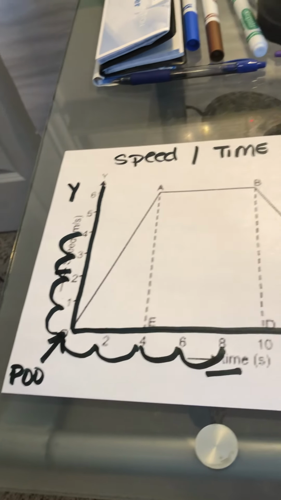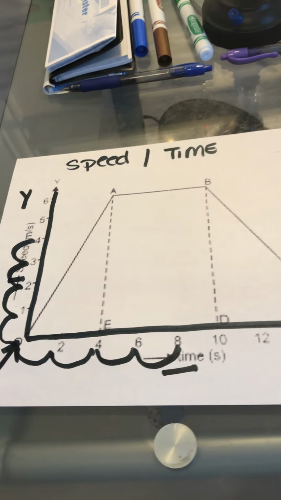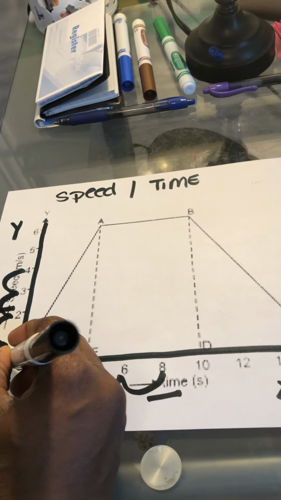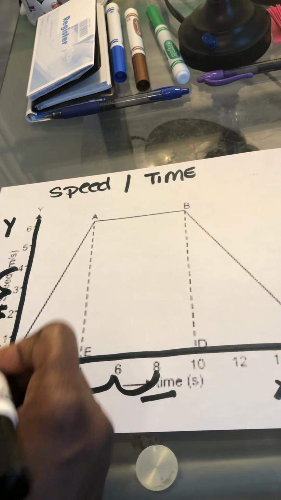Now let's identify what's happening on our speed-time graph. Here, we're going to start at the point of origin. And let's say we have our runner.